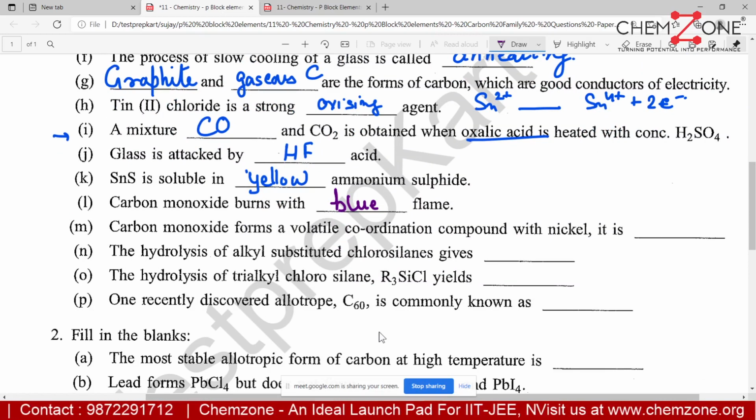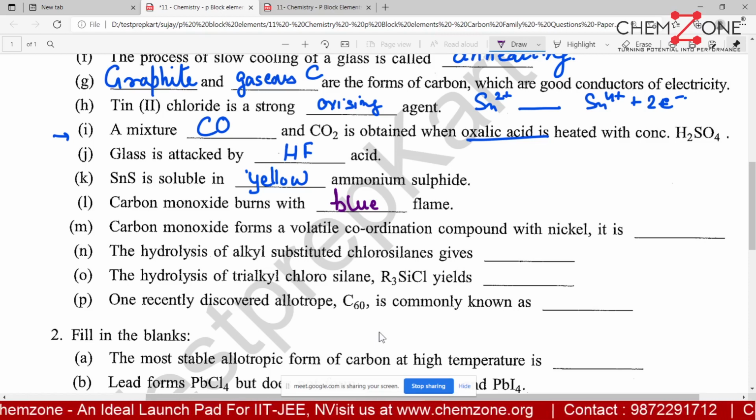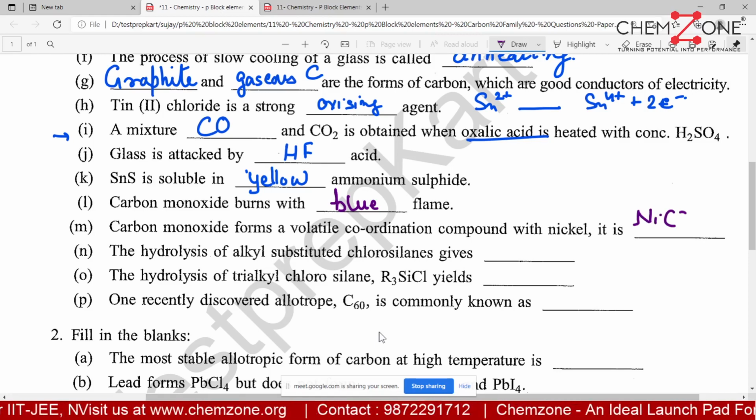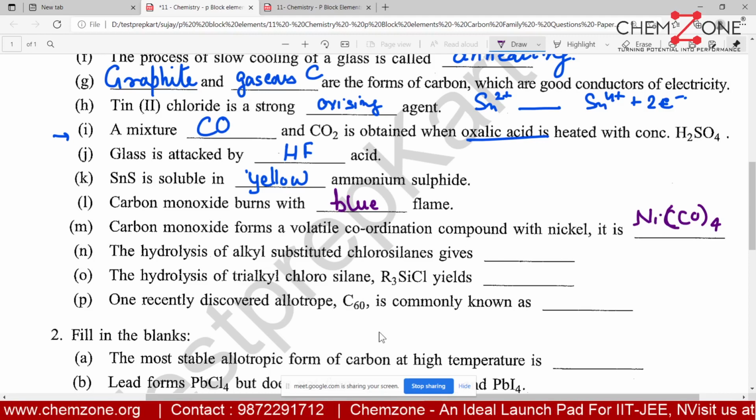Carbon monoxide forms a volatile coordination compound with nickel. It forms, remember, Ni(CO)4. It's a bracket here.